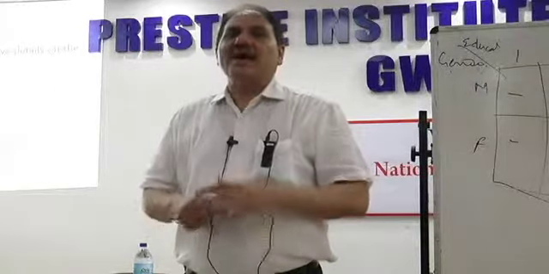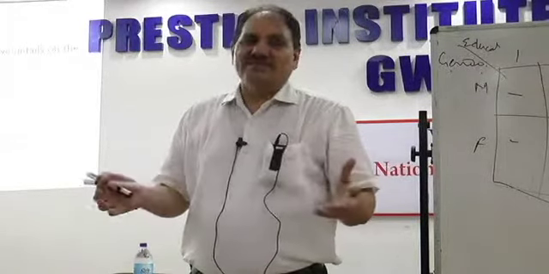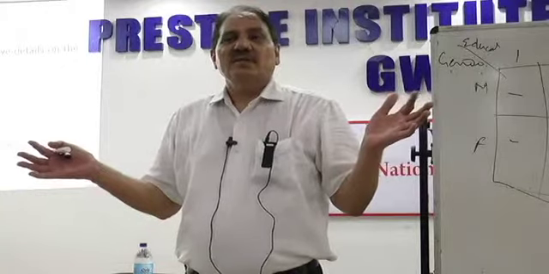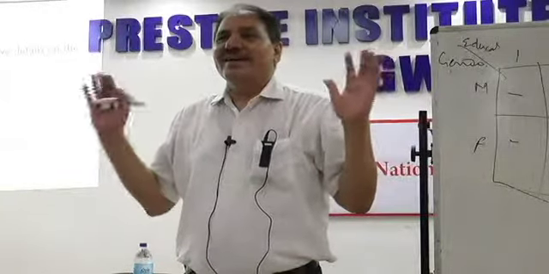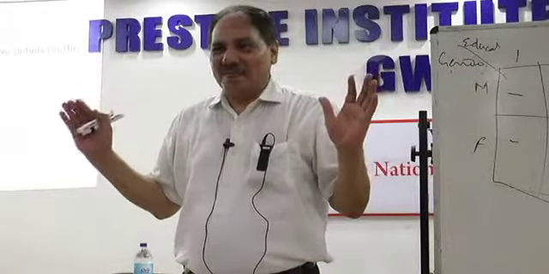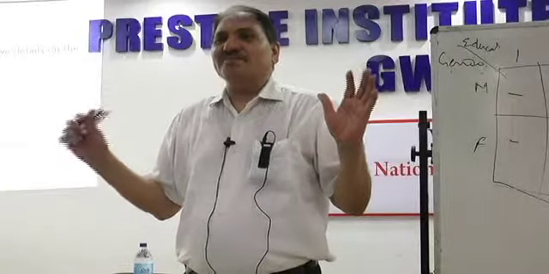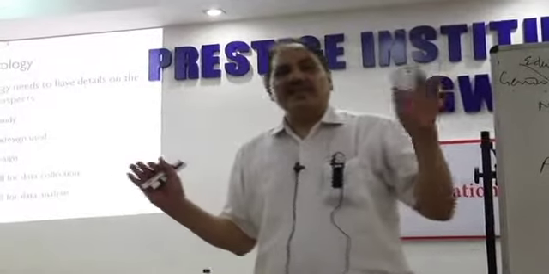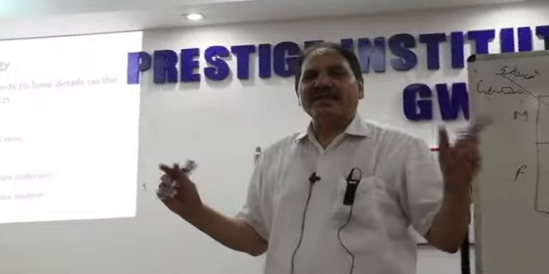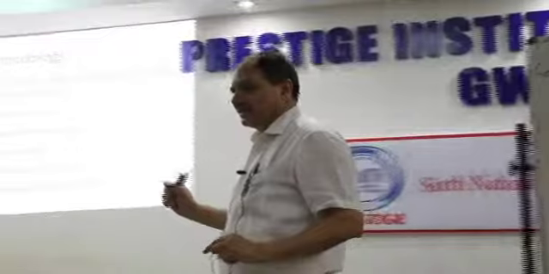Simple random, stratified, cluster. Quota is not probability sampling. Quota comes under non-probability. Alright? So these 3 would come under probability. Quota is a non-probability sampling technique.